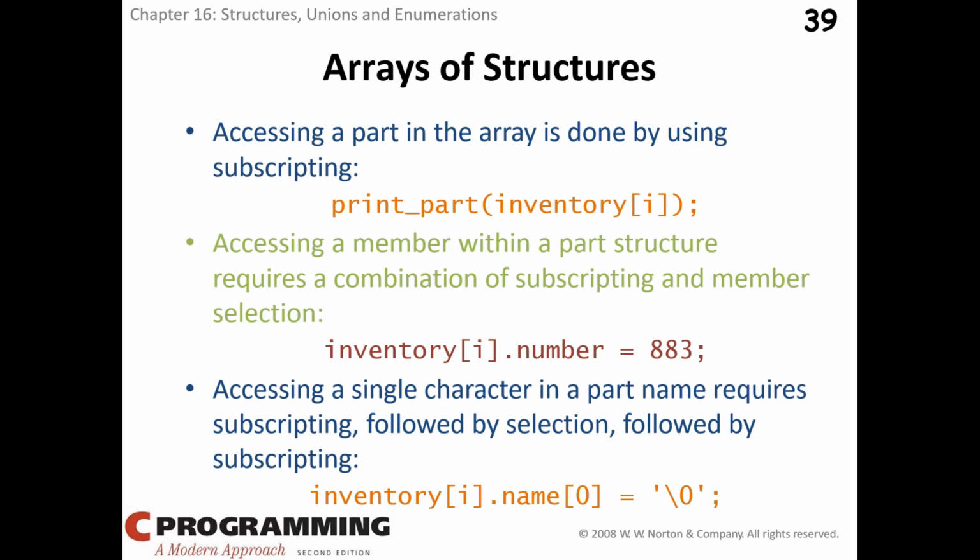In this line, inventory[i] selects the part at position i from the array, and .number accesses the member of that part, allowing us to assign it a new value. And similarly, to access and modify individual characters within the name member of a part, we use subscripting followed by member selection. So at the bottom of our slide, inventory[i] selects the part at position i, and .name accesses the name member of that part, and the index 0 selects the first character within the name array.